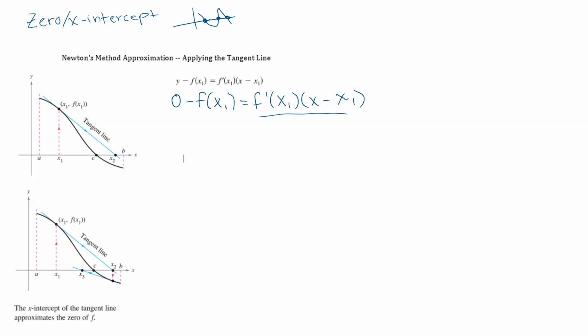So to do that, we divide both sides by f prime of x1, right?